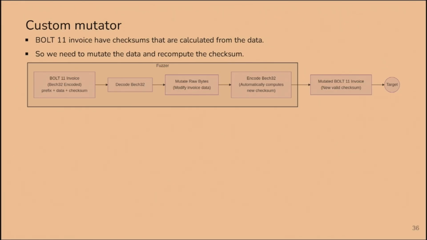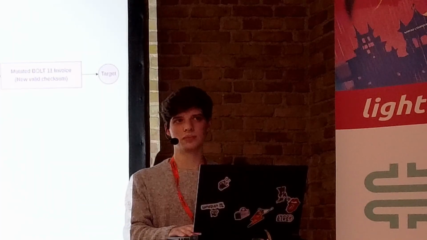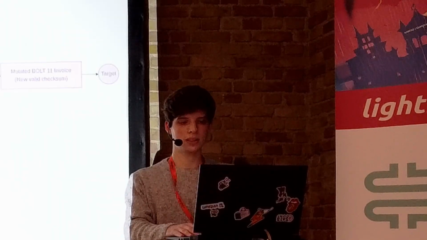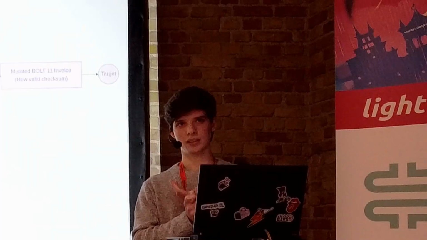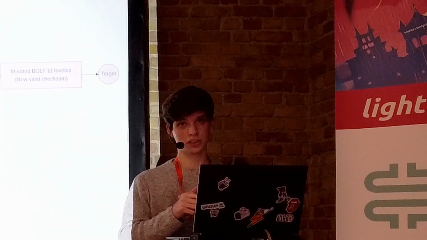When mutating the input, we need to maintain that encoding so the fuzzer does not get stuck trying to create a valid checksum. If we don't do that, the fuzzer will mutate the inputs and will basically never create a valid bolt11 invoice, because it needs to create a valid checksum for the data, and it needs to be bech32 encoded.